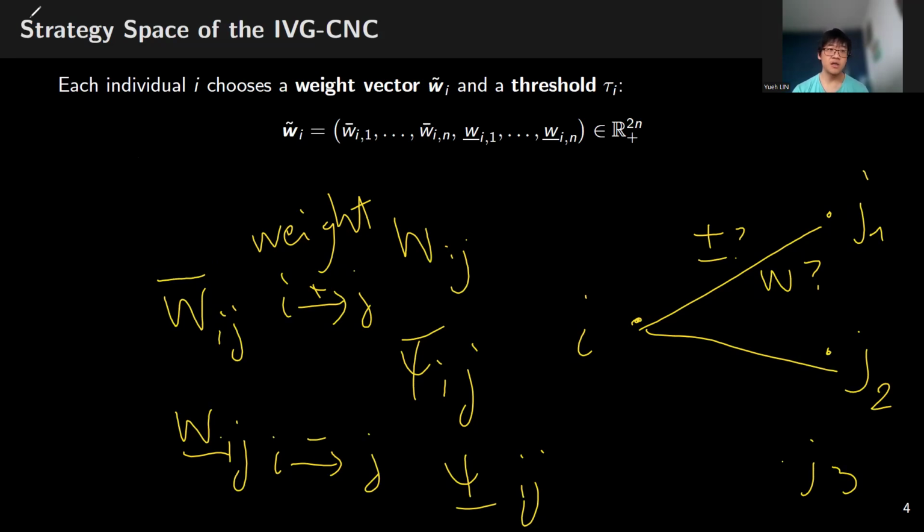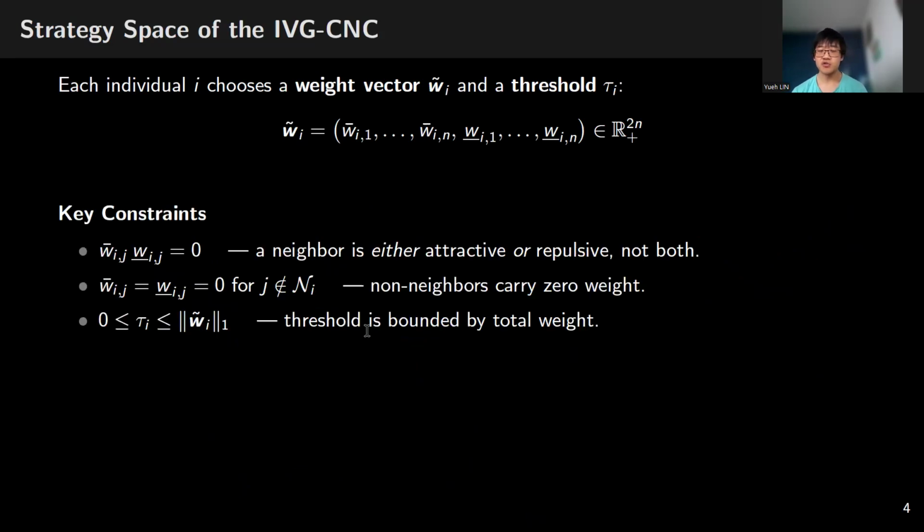So these are the three constraints that establish this relationship. The third constraint says that the threshold is bounded by the total weight. This is a convenient constraint for our mixed integer linear programming implementation so that we get an upper bound for our threshold.